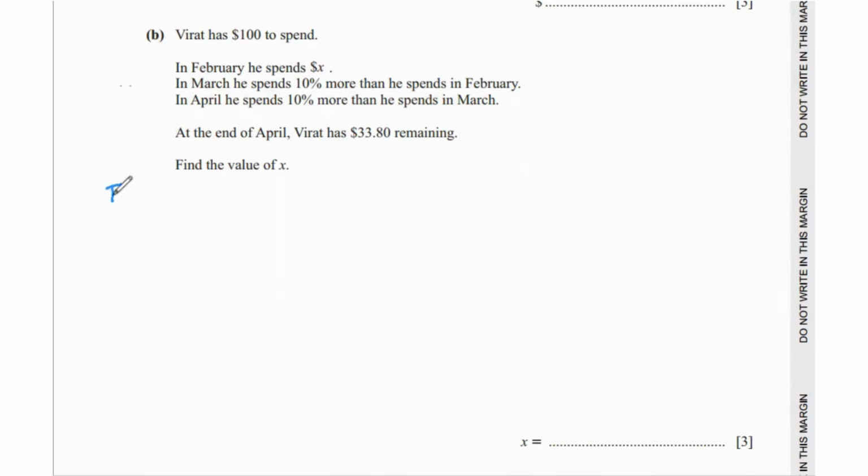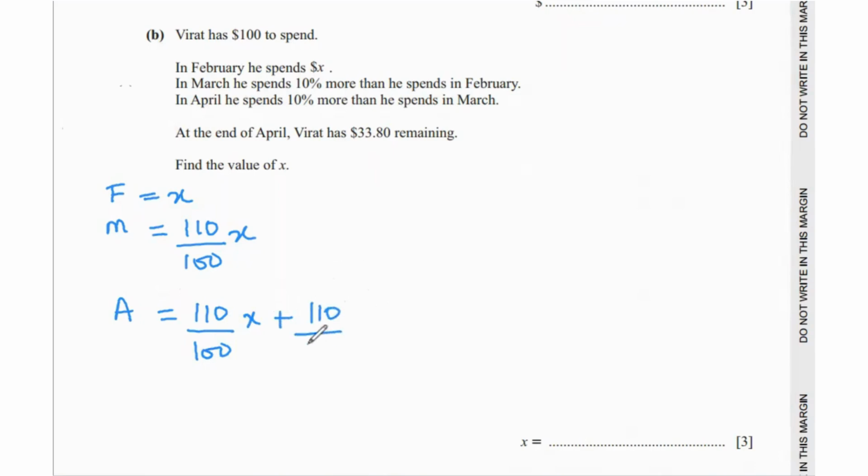So in Feb, he's spending X dollars. In March, he's spending 10% more. So that means it's 110 over 100 of X. Then in April it is again 10% more of what he spent in March. So that's 110 over 100x plus 10% of this.